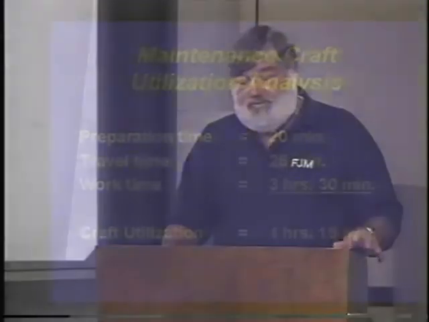Now that 4 hours and 15 minutes would go into the utilization reporting system as from page number 5, we would put in the efficiency calculations under the efficiency reporting system.